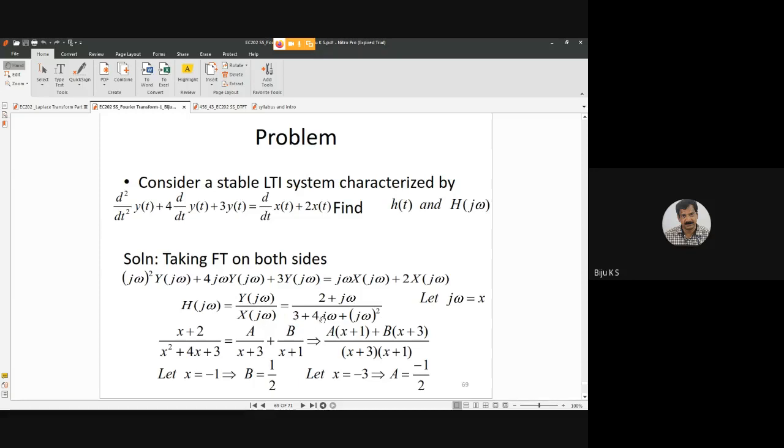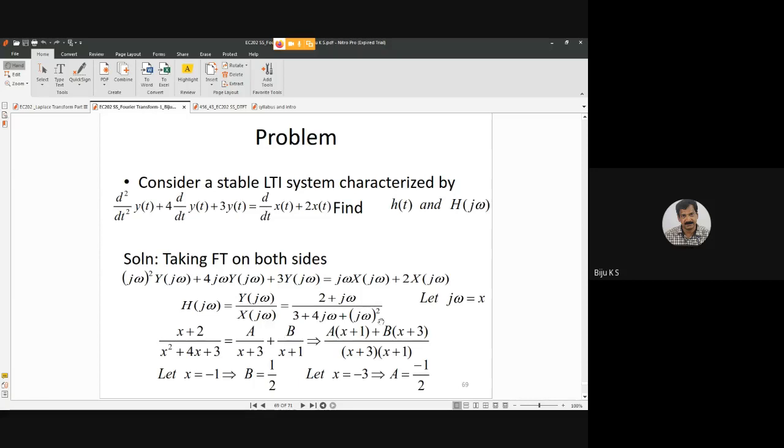Together we can write it as tan inverse of the numerator minus tan inverse of the denominator. From this, you can calculate the phase response.